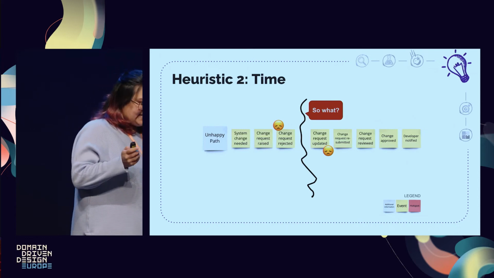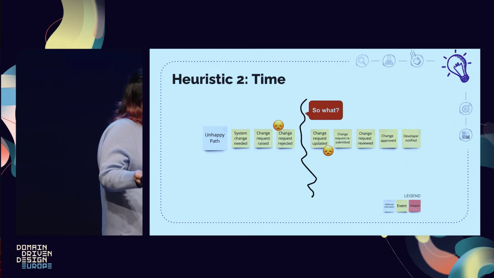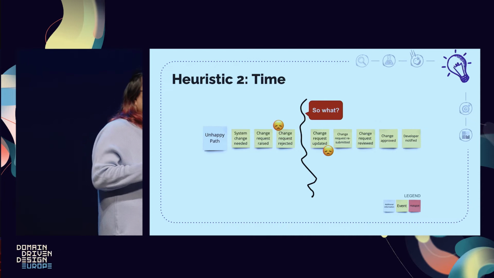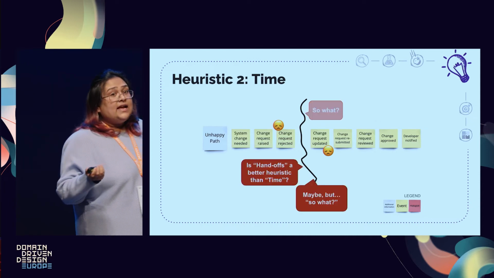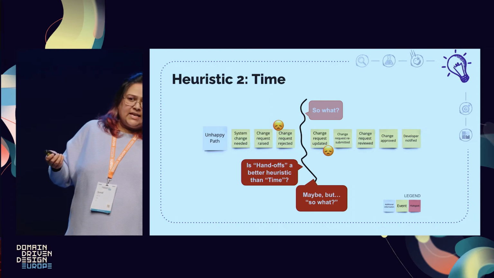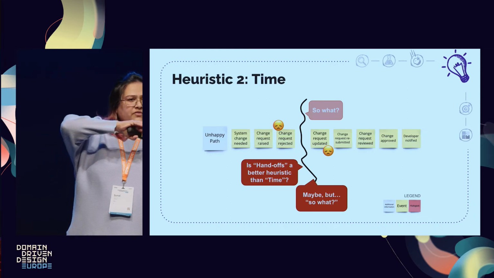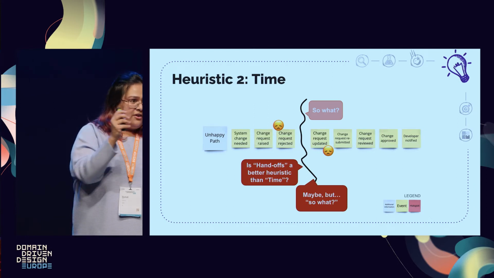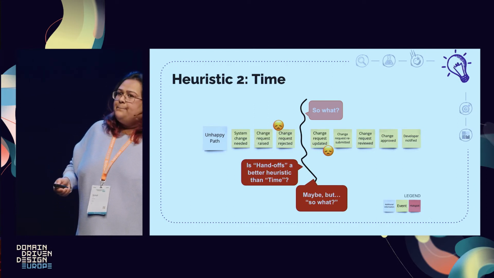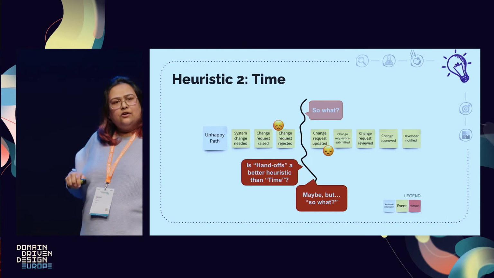We then looked at time. It didn't have any relevance. And that led us to the fact that perhaps when we're thinking of time and all of the unauthorized activity that can happen in that break of time, we are perhaps concerned more about handoffs.